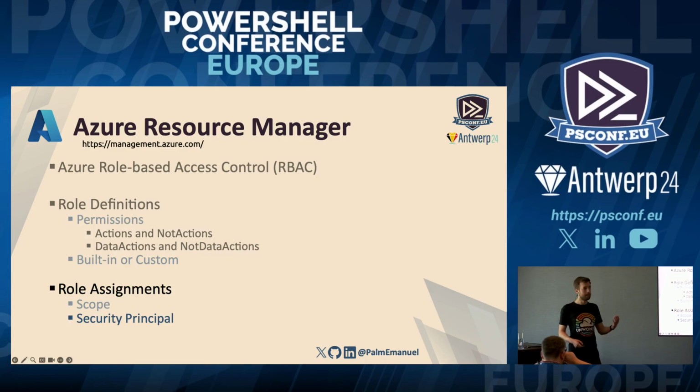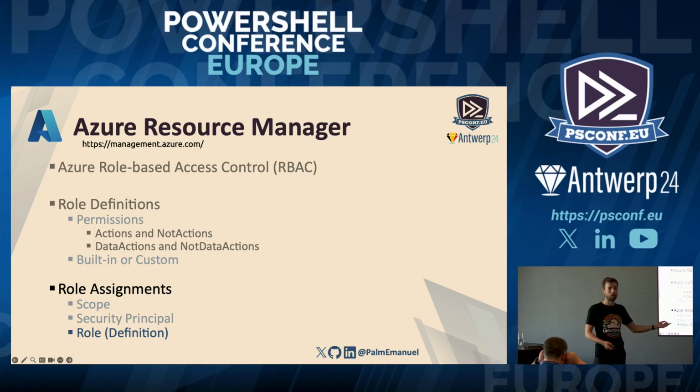We have a security principal, which is a word for an identity or a group that will be granted this permission. And then finally, we have a role definition. So a scope and someone to grant it to is what we need to make a role assignment.